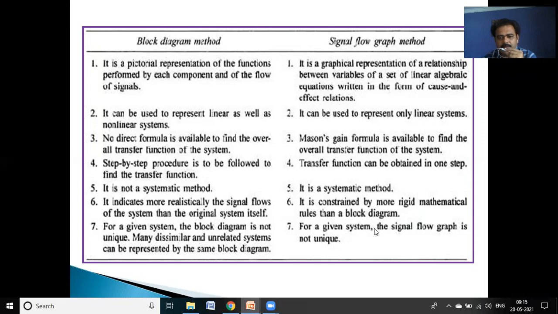So it gives only a part. It also gives realistic value, but when compared to block diagram, it gives less information.